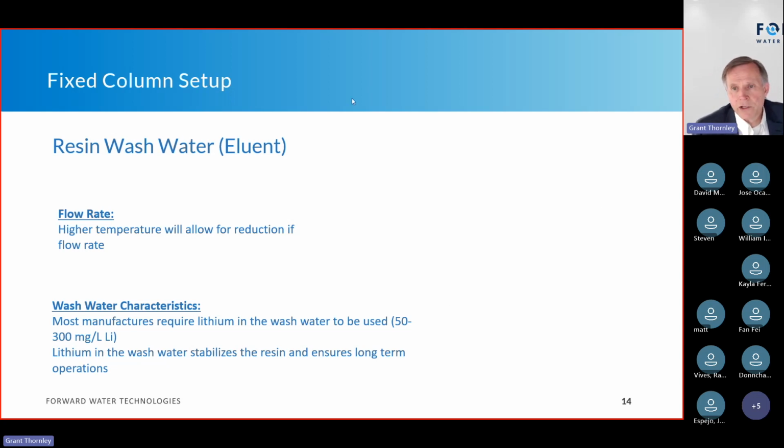And then wash waters. One thing to point out, which I find time and time again, and I don't understand this: remember, when you're working with lithium aluminate hydroxide, or double hydroxide, there's lithium in the crystal structure. And if you wash that resin with a high purity water or DI water, you're going to get great lithium recovery initially.